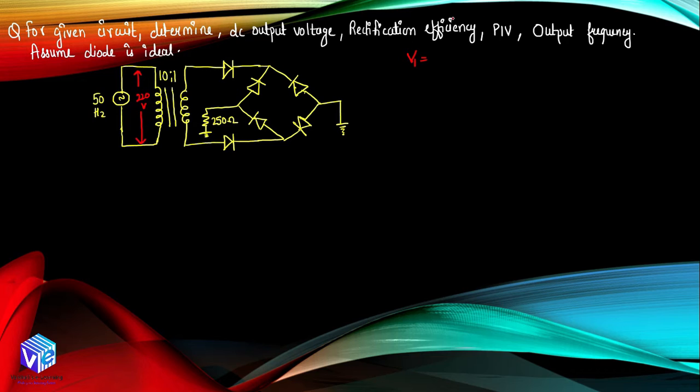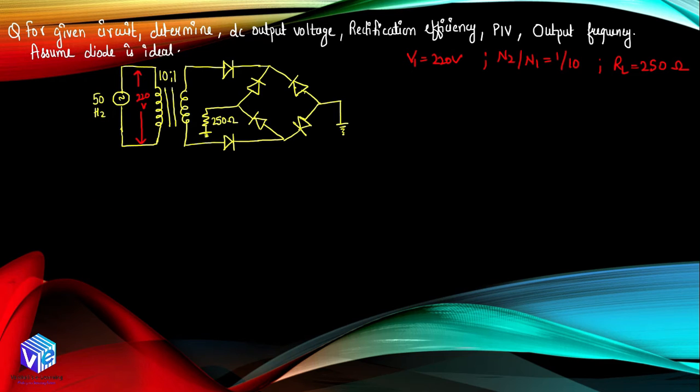After that, N2 upon N1 is equal to 1 upon 10. And after that we have RL. RL is given, 250 ohm. You can see RL over here.